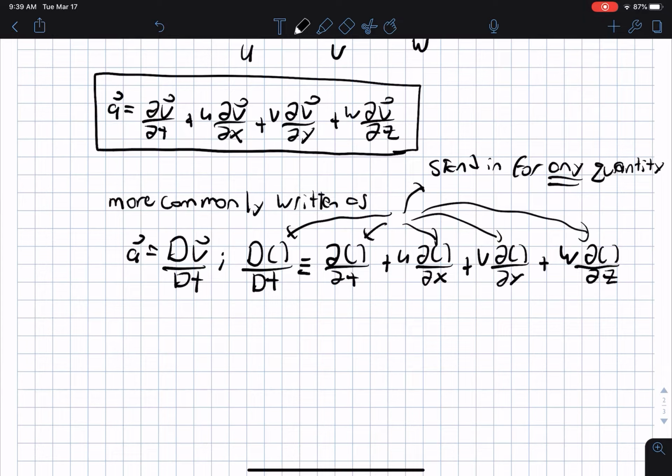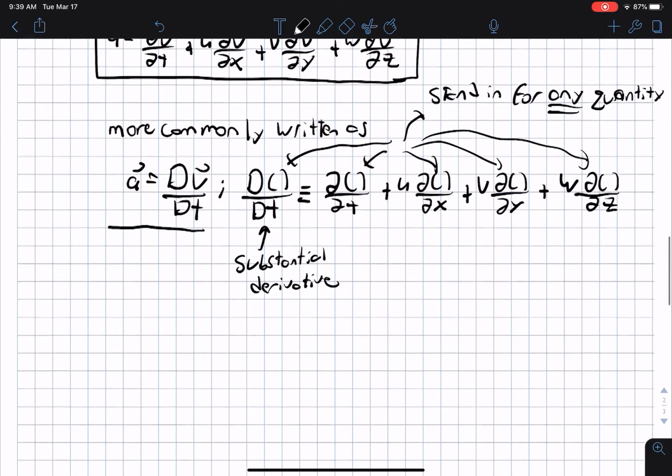So this here is called the substantial derivative. Okay. And if you use v for the substantial derivative, you get the acceleration as we have here. But the substantial derivative is applicable to many other things.